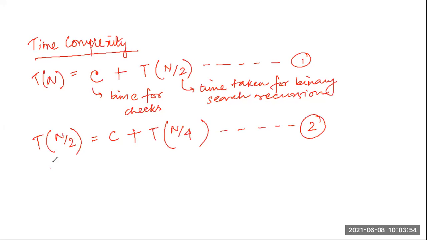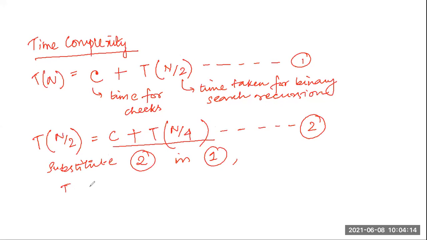Now if I substitute equation 2 in equation 1, in place of T(n by 2) I am substituting this entire equation.